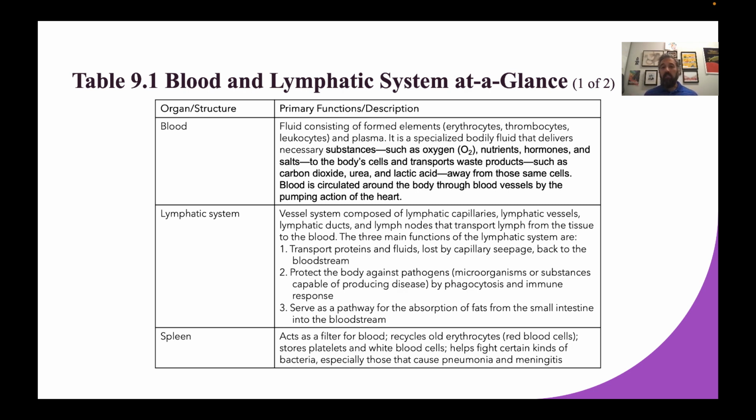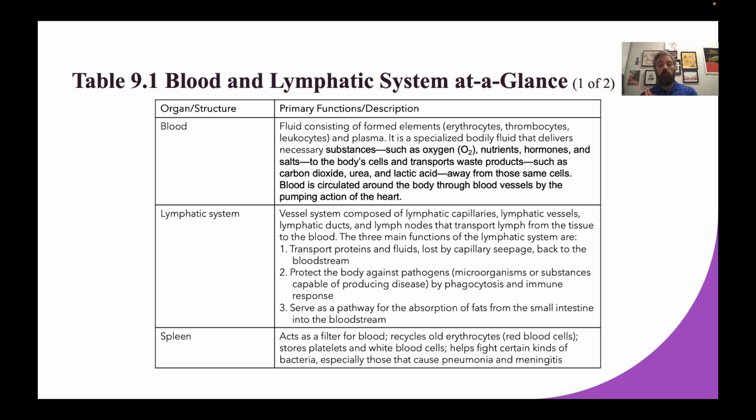The lymphatic system is going to be mostly lymphatic capillaries, lymphatic vessels, lymphatic ducts, and lymph nodes. Lymph nodes are types of organs that hang out in certain places throughout your body. If you've ever had swollen glands when you're sick, or you feel underneath your throat right here, those are lymph nodes that get swollen up.